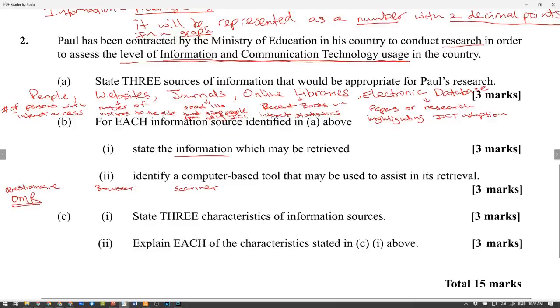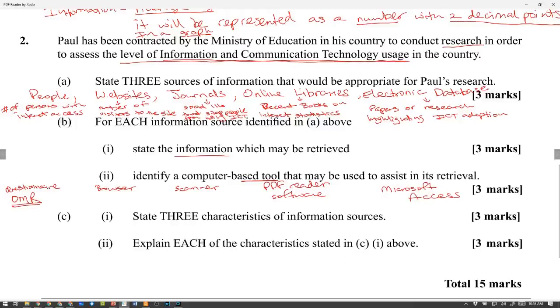Online library, you would probably use PDF reader software. Electronic database would be Microsoft Access. Yeah, let's live with that.